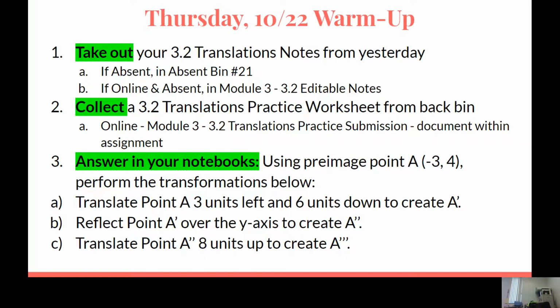I see a lot of people who should have their notebooks out right now, or a piece of paper.